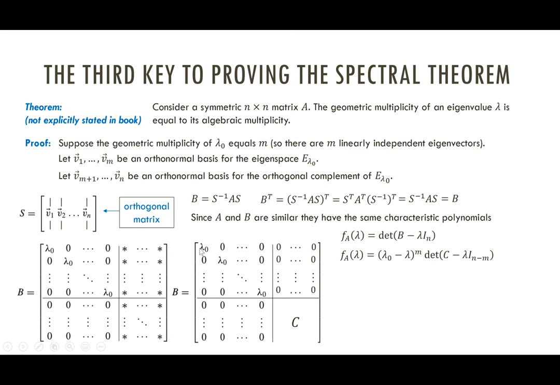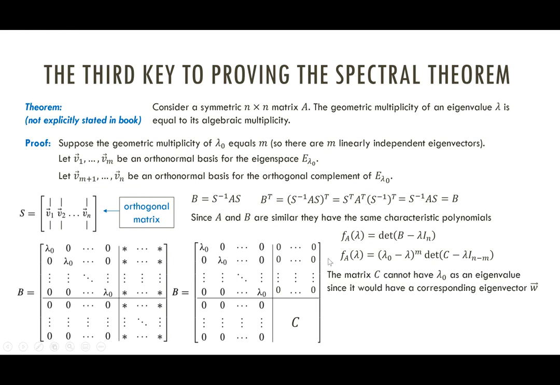And so if you do the Laplace expansion, you'll end up taking (lambda_0 minus lambda) to the m for all of these columns, and then you'll have to multiply that times the determinant of C minus lambda I. Okay?